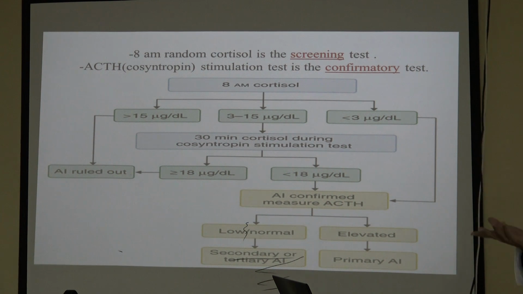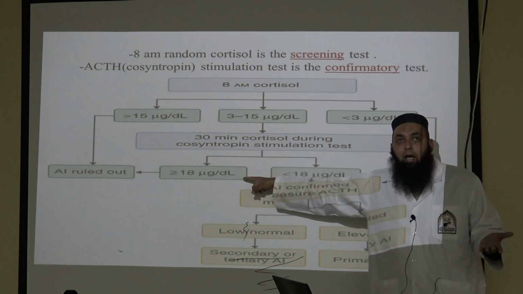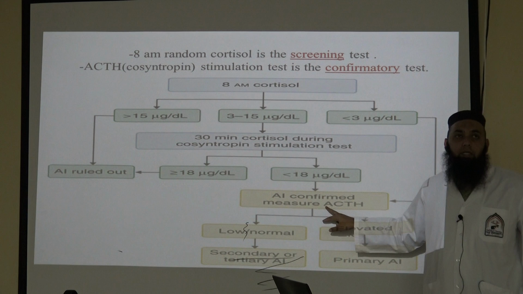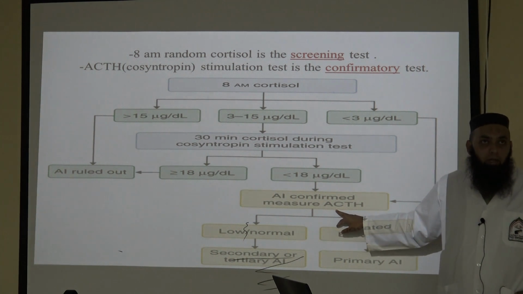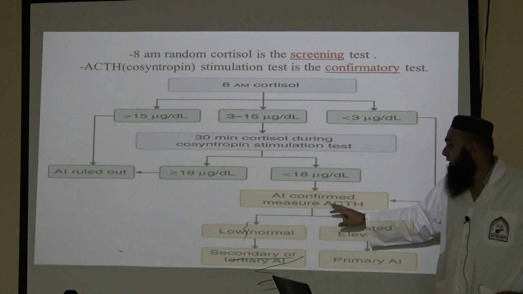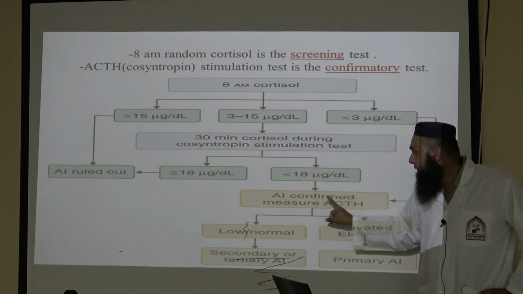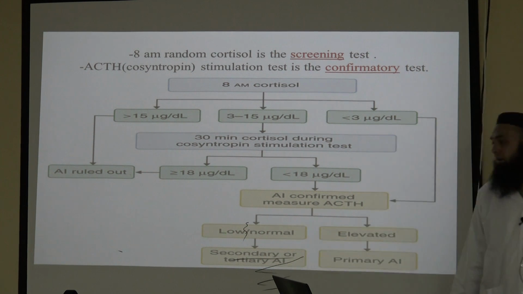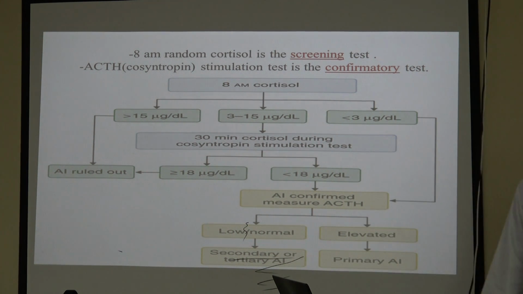In a normal person, what should happen to cortisol? After giving ACTH, it should go high. So if it is going high, there is no problem. If it's not going high, then go to ACTH measurement. There is some problem, but the ACTH level should be checked. If the ACTH level is low or normal, it's a secondary problem.